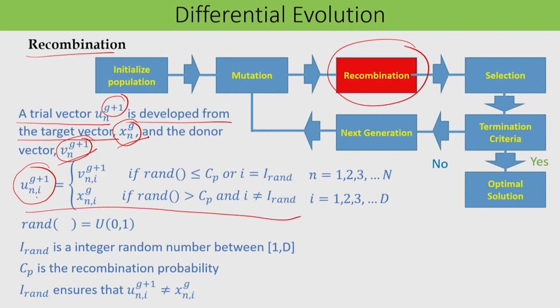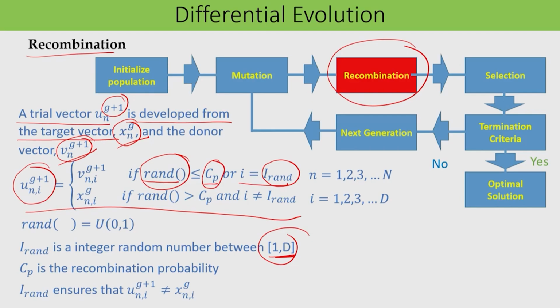What is this process? u_n,i,z+1 equals v_n,i,z+1 if a random number is generated and that random number is less than Cp. Again, Cp is a parameter of this algorithm, so we will define Cp. Or i equals i_rand. So, i_rand is also generated randomly between 1 and d.